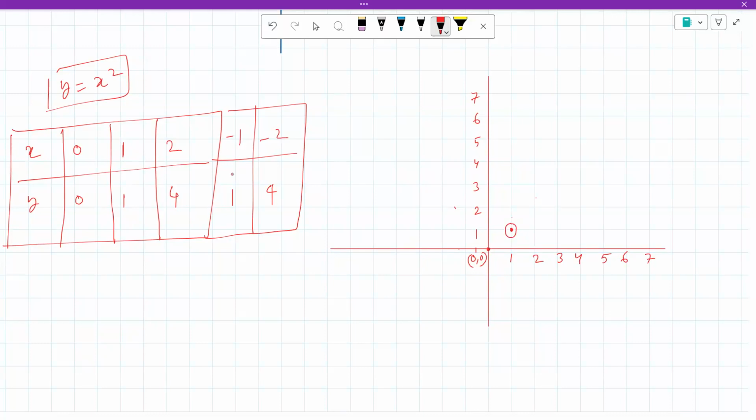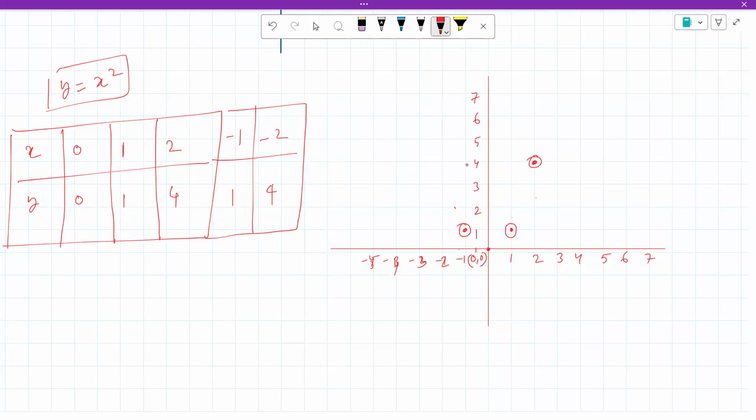And then we have minus 1, comma 1. So minus 1, minus 2, minus 3, minus 4. So minus 1, comma 1 is this point. And then we have 2, comma 4, which is this point, and minus 2, comma 4.